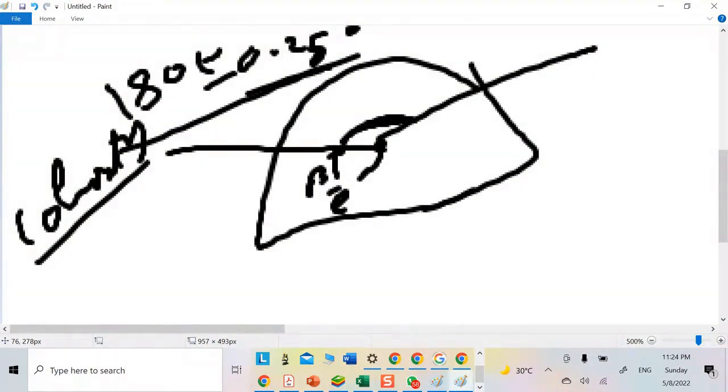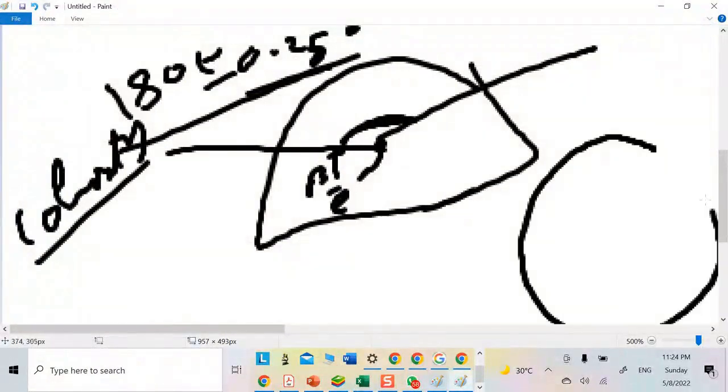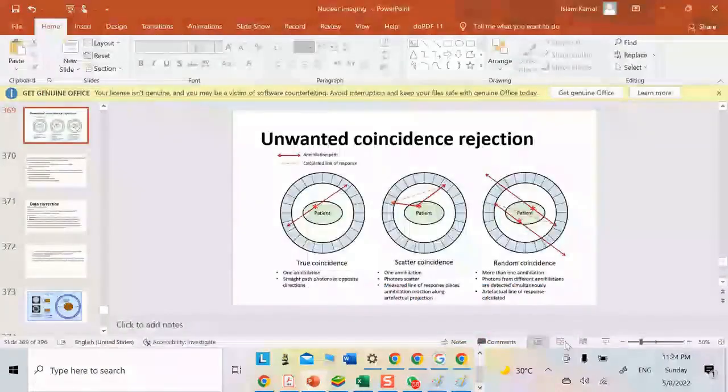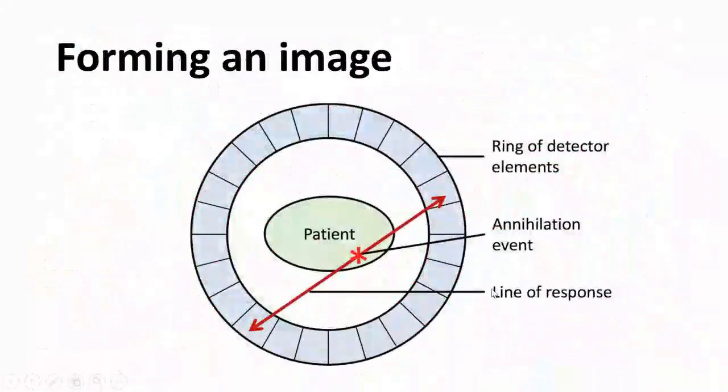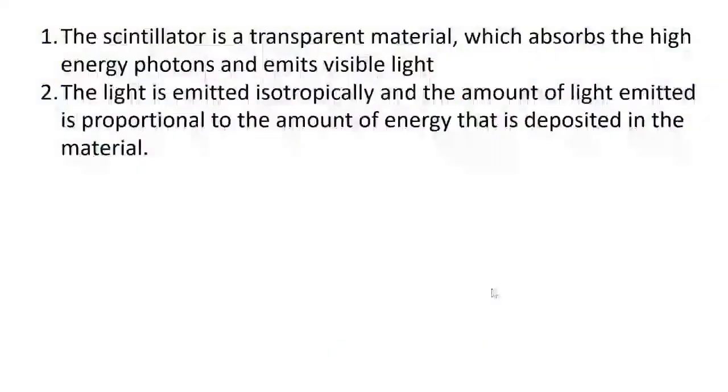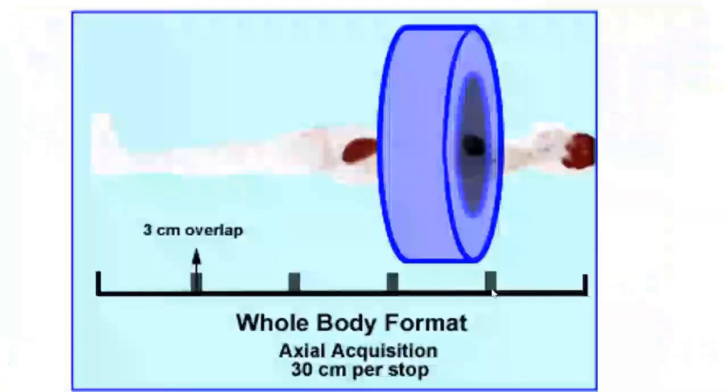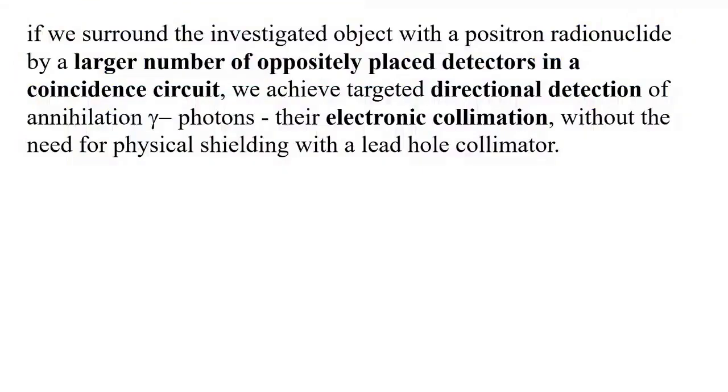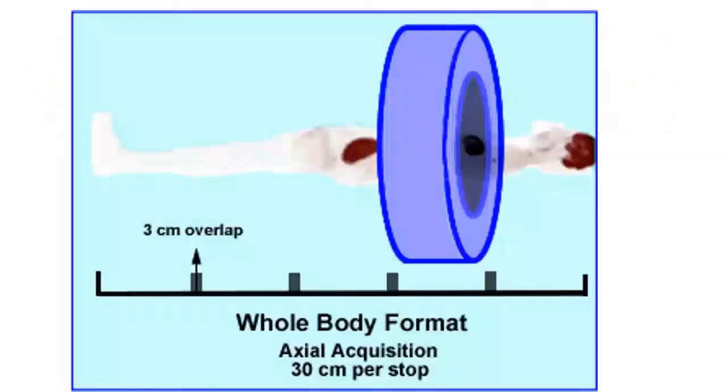Another important thing you should also pay attention to is that I have a range of detectors. The ring of the detector is shown here in this image. This is the shape of the detector ring, and this is the shape of the patient. The ring, of course, allows the patient to enter inside it, and it has a specific field of view.